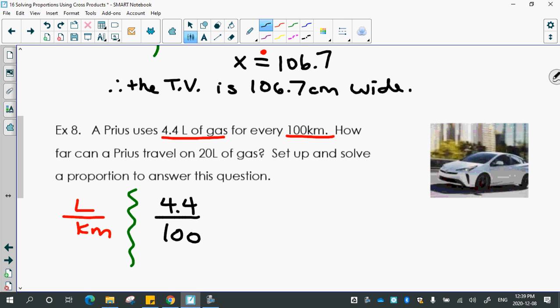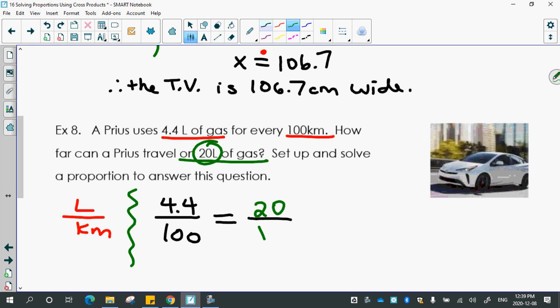So I'm starting to make my proportion. Then I have my equal sign in the middle, and then they're going to give me either liters or kilometers for this side of my proportion. So I'm reading the question, how far can a Prius travel on 20 liters of gas? They're giving me liters, which means they're giving me the top number.